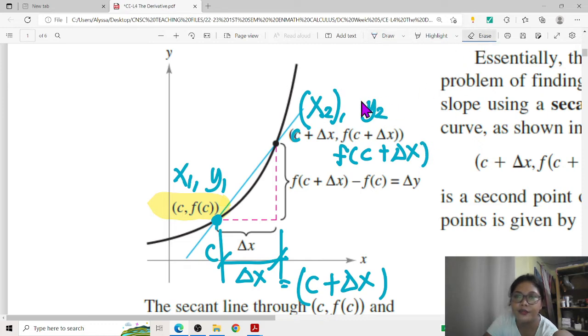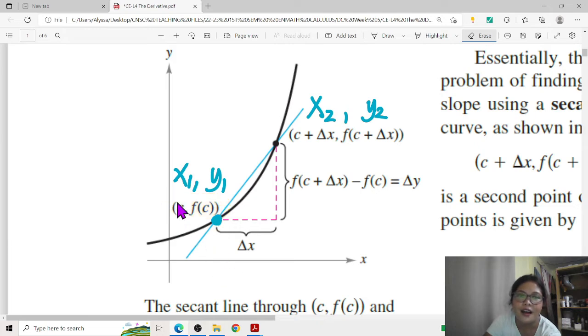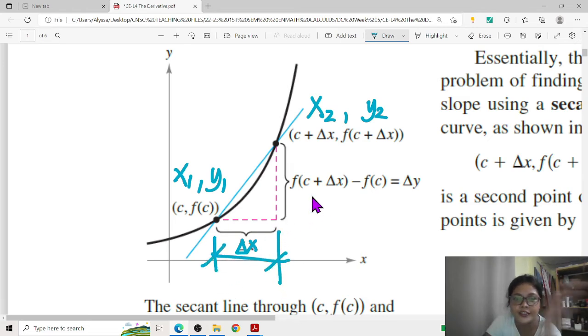And now that you have the two set of points, x2, y2, and x1, y1, so you can now relate this dimension as ito, delta x. Kasi yun yung change ng x direction. Ito namang y direction, so to get that, you will have to y2 minus y1.